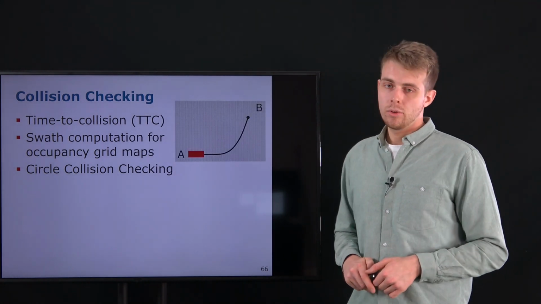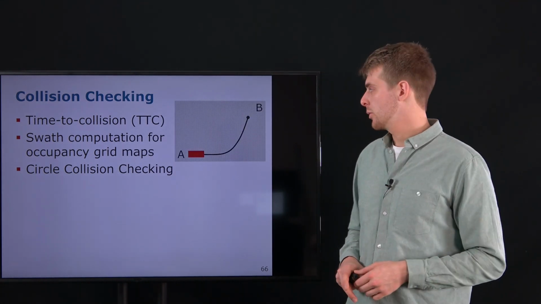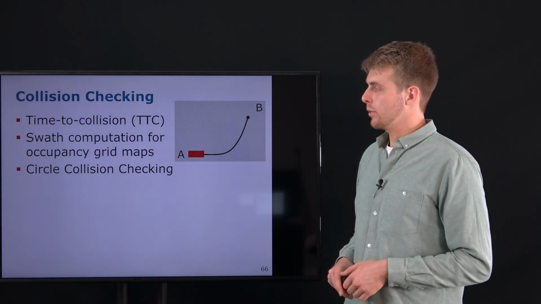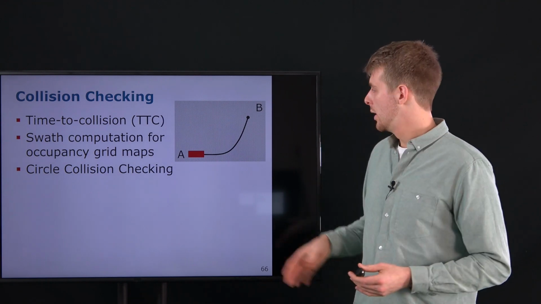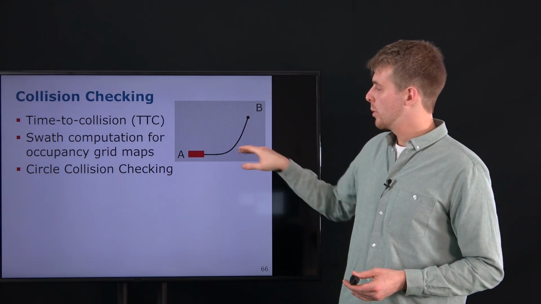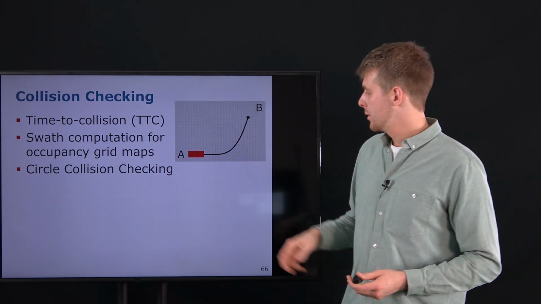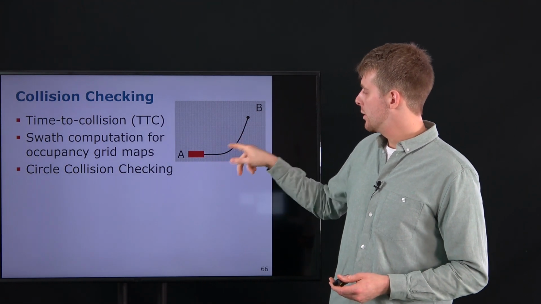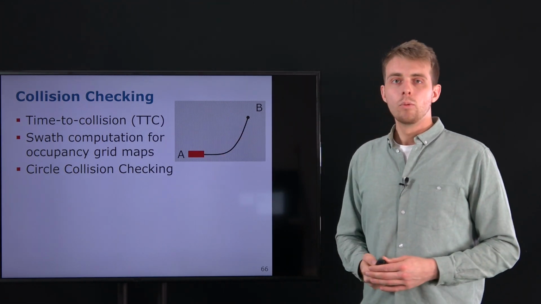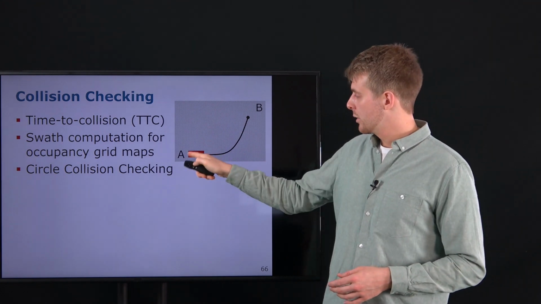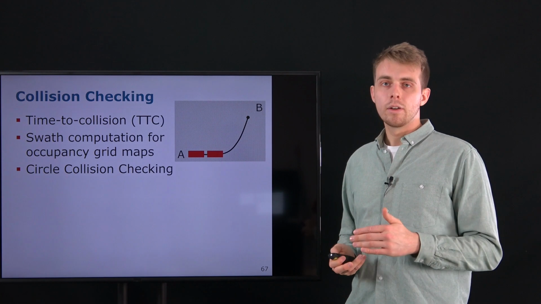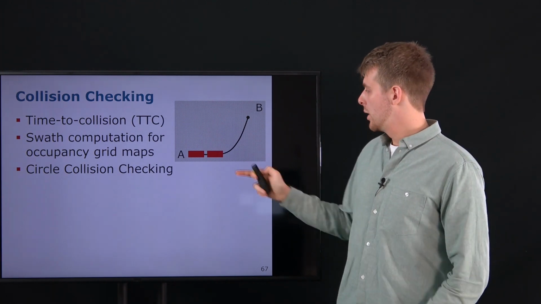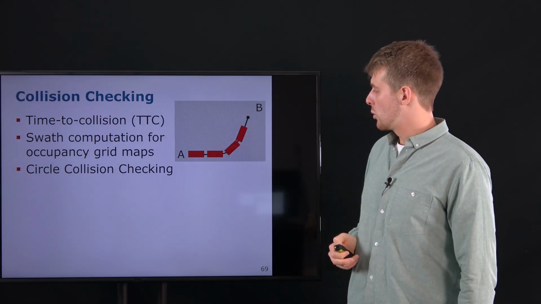Another way of checking for collisions in case you have the trajectory is the so-called swath computation, which can be done for occupancy grid maps, as in this example. So we have a grid map of our environment, and the trajectory here is from A to B with the car at A. What we do is we take this footprint of the car, so we know the dimensions of it, and we translate and rotate this footprint according to the reference trajectory.